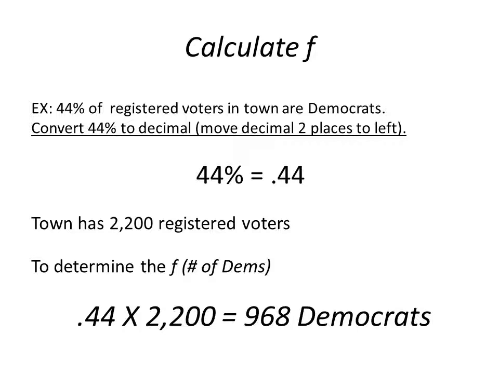The town has 2,200 registered voters. So to determine the frequency, or the number of Democrats, we take 0.44, which is the decimal representation of 44%, times the number of registered voters, which then equals our frequency of 968 Democrats.